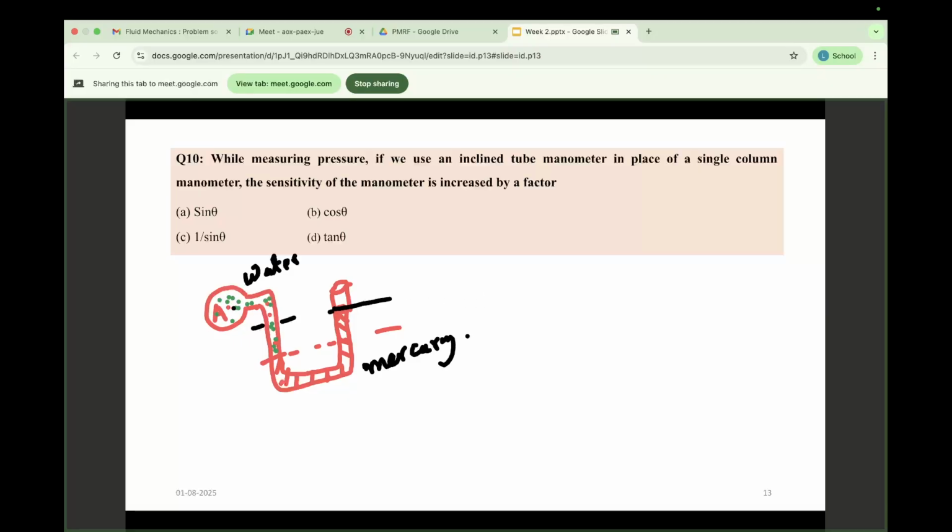If you have to find out the pressure at this point, I am naming these points. This one as A, this point as B, then this is C, and this one as D.